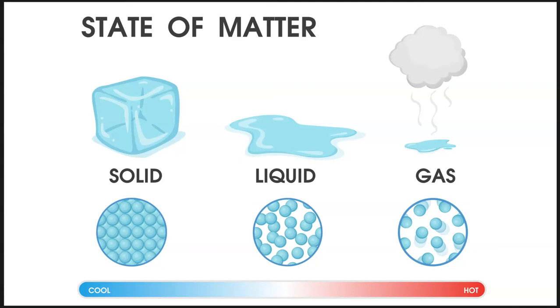Liquids have definite volume but have no overarching structure. They conform to whatever vessel they're in. And gases have no structure. And really, they occupy the volume of whatever it is that's holding them. Liquids still have a definite volume, they just lack structure. Gases, there's no structure, and they take the volume of whatever it is that's occupying them.